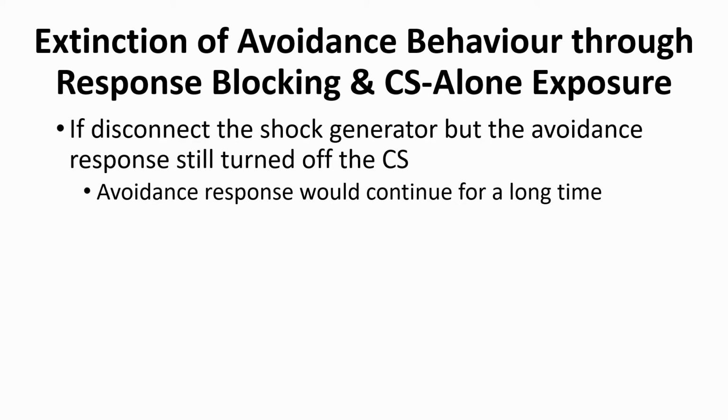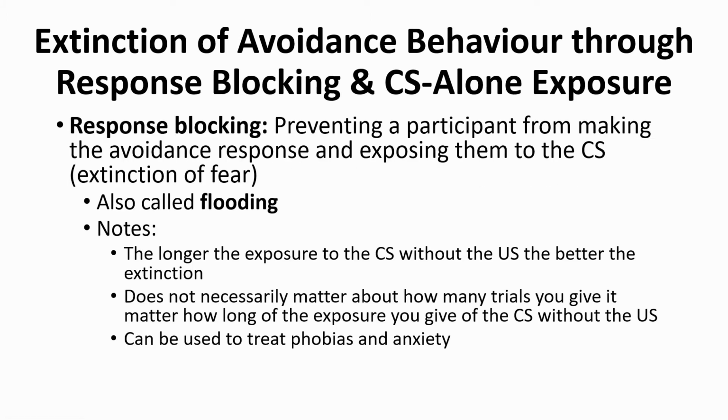So if someone has a fear of heights and they just avoid going to tall places, that's kind of like being able to turn off the conditioned stimulus of being in a tall building. So to try and actually extinguish the avoidance behavior, what we have to do is somehow change our relationship with this conditioned stimulus. And that's where our response blocking and CS alone exposure comes into effect.